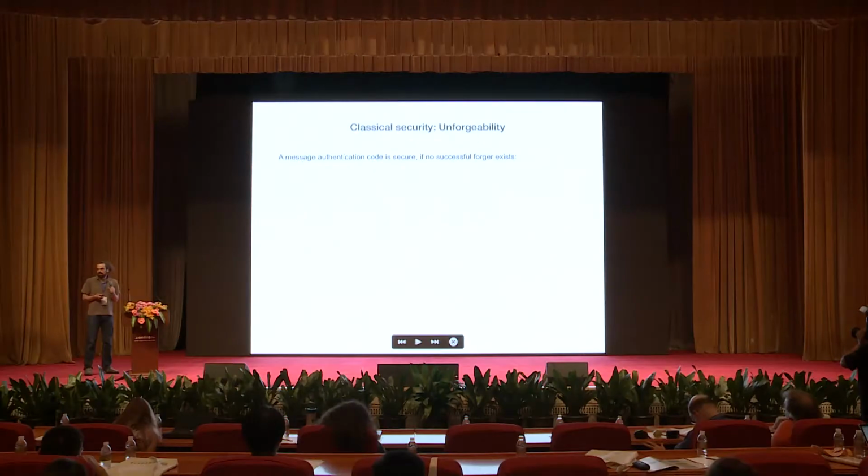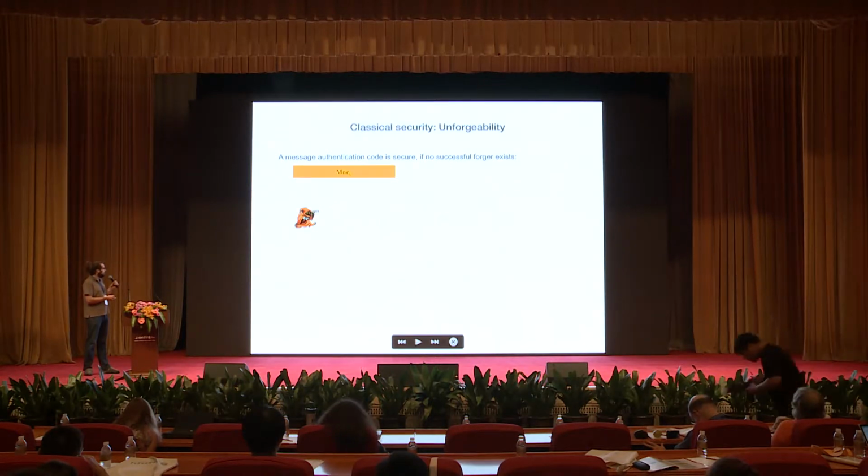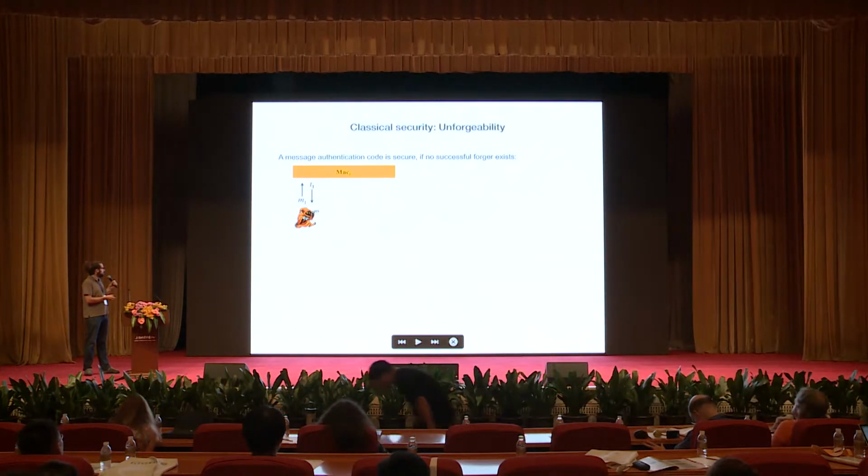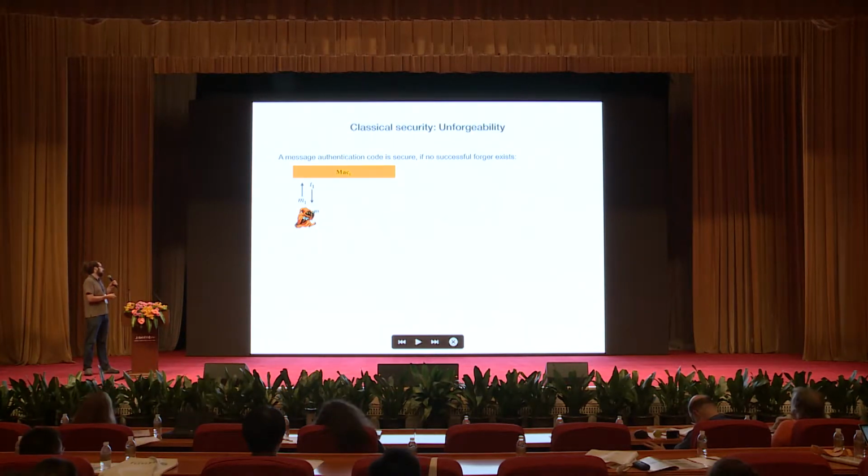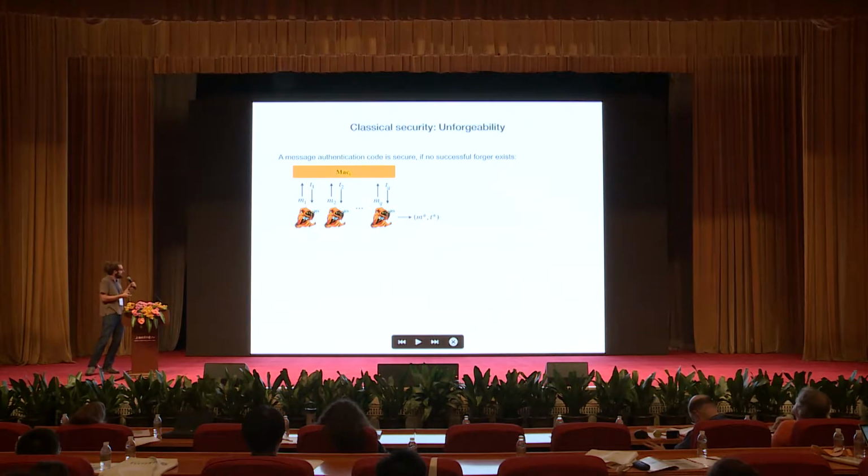Now let's get a bit more formal. Formally, we have this game where this adversary sends queries to a MAC oracle. The first one gets a tag back, and then maybe adaptively chooses a second message and gets a tag back, and does this maybe Q times, and in the end outputs a pair M star, T star, which is supposed to be a message tag pair.